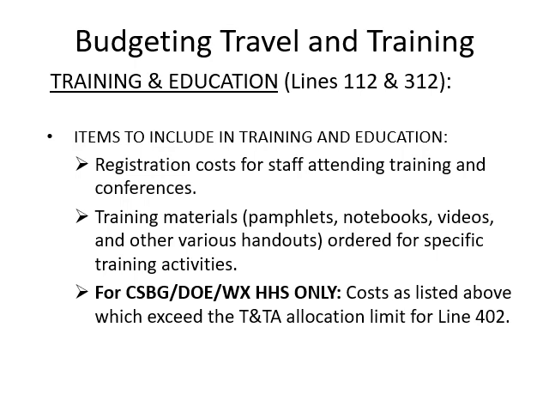So items in general to include in the training and education tab would be registration costs for staff attending training and conferences. You would also include training materials such as pamphlets, notebooks, videos, or other various handouts that you order for specific training activities.